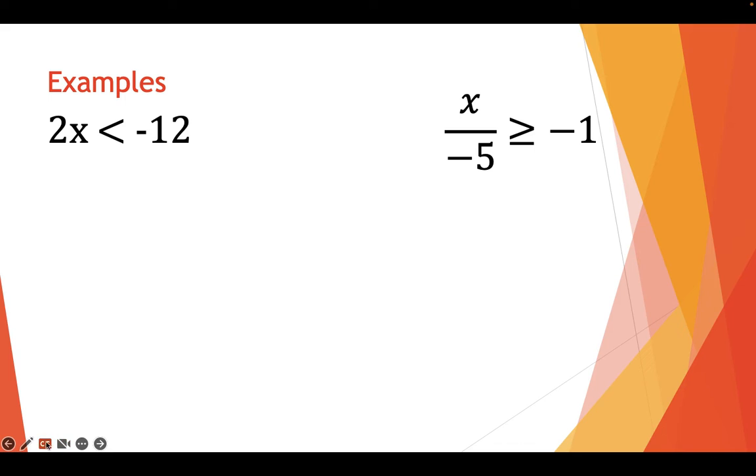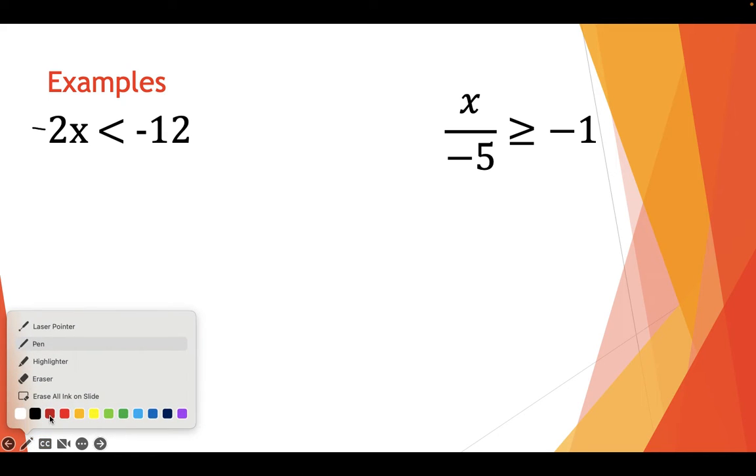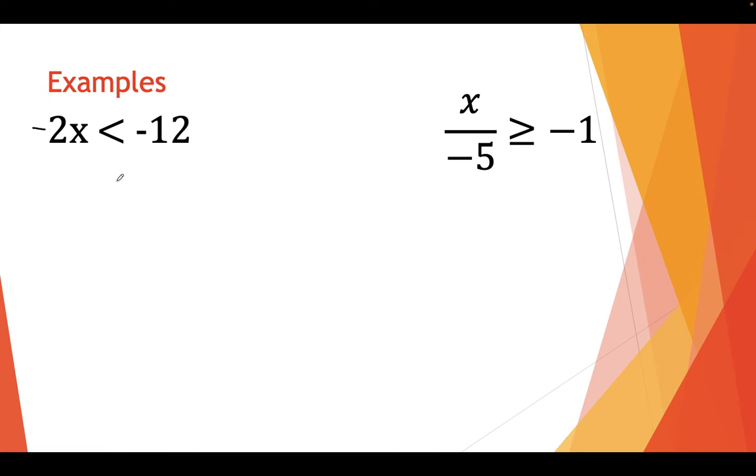This first example should read negative 2x is less than negative 12. If it's not on your notes as a negative 2, go ahead and fix that so it matches this. In order to get x by itself, here we're going to need to divide on both sides by a negative 2.